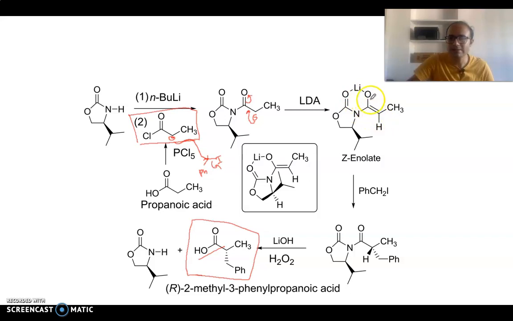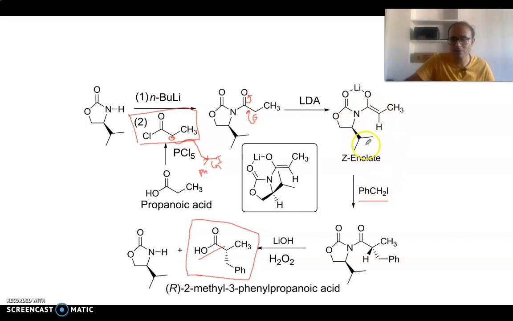So once this is formed, the next step is the addition of this phenyl methyl iodide. When this particular enolate attacks this, it will attack this molecule from the bottom side of this particular center. Why does this attack happen from the bottom side?